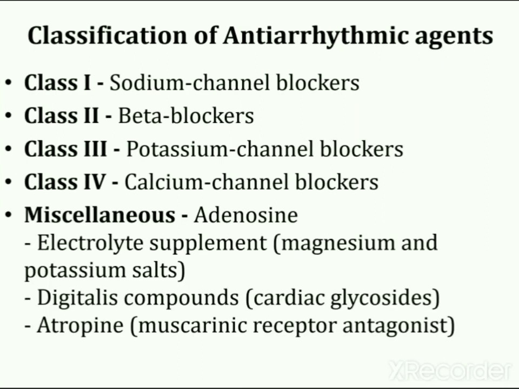Besides these categories, a few miscellaneous compounds are also used, for example, adenosine, electrolyte supplements like magnesium and potassium salts, digitalis compounds like cardiac glycosides, and atropine-related compounds, which are muscarinic receptor blockers.